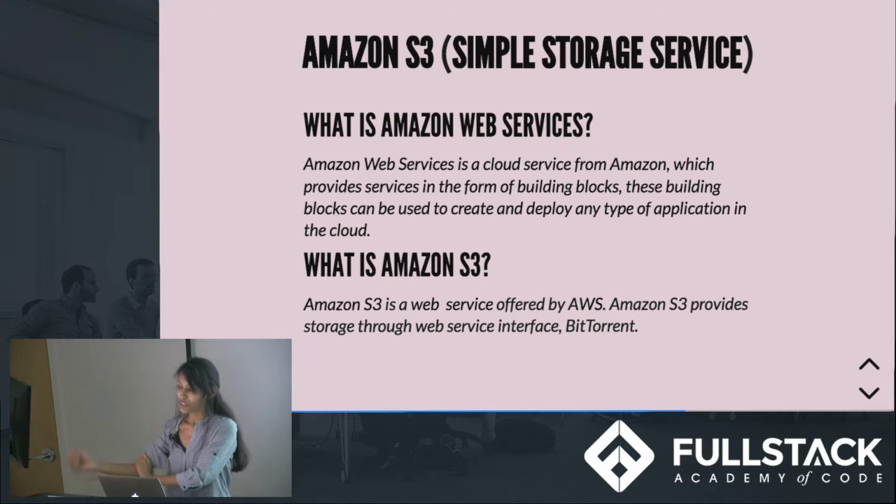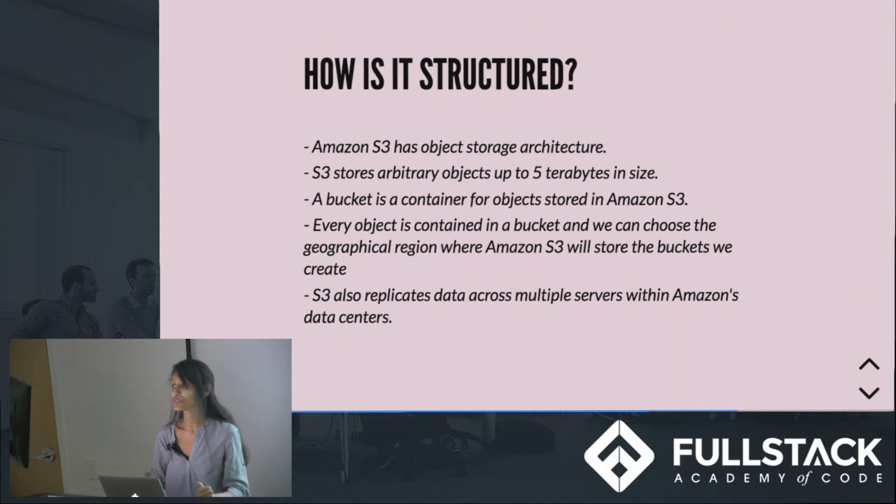And I'm going to talk a little bit about Amazon S3. And what is Amazon S3? Amazon S3 is a cloud which will store our data. It is using one web service interface called BitTorrent. It is also using two other web service interfaces through which we can upload our data or take our data, but BitTorrent is the most popular one.